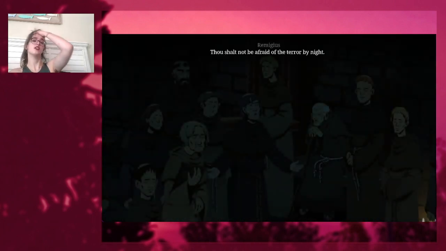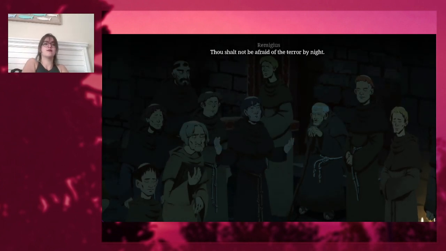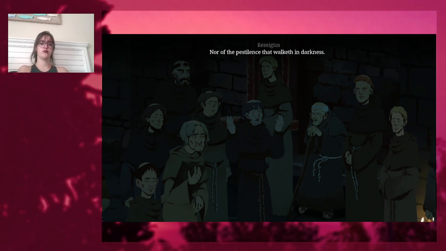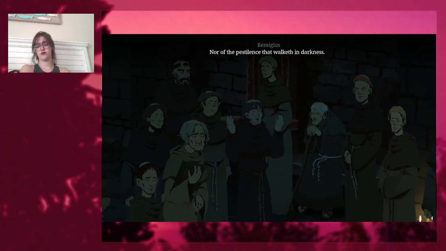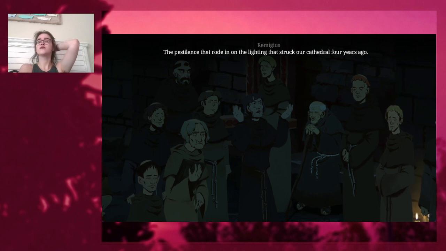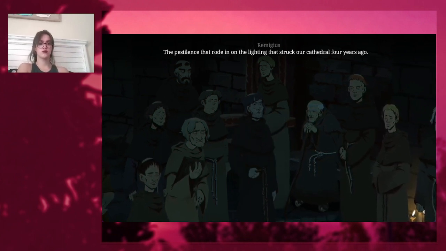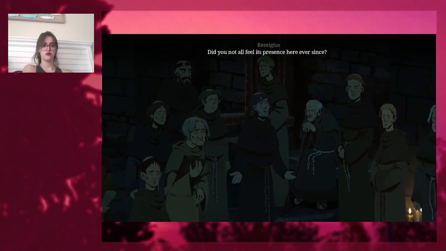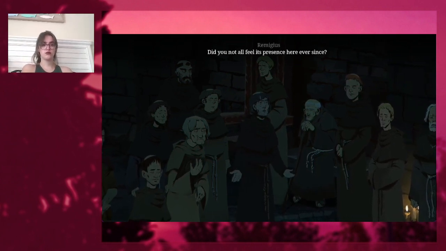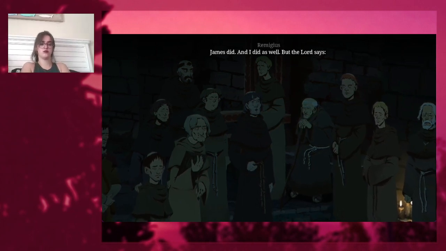When he opened the sixth seal, I looked, and behold, there was a great earthquake, and the sun. Thou shalt not be afraid of the terror by night, nor of the pestilence that walketh in darkness. The pestilence that rode in on the lightning that struck our cathedral 4 years ago. Did you not all feel its presence here ever since? James did, and I did as well.